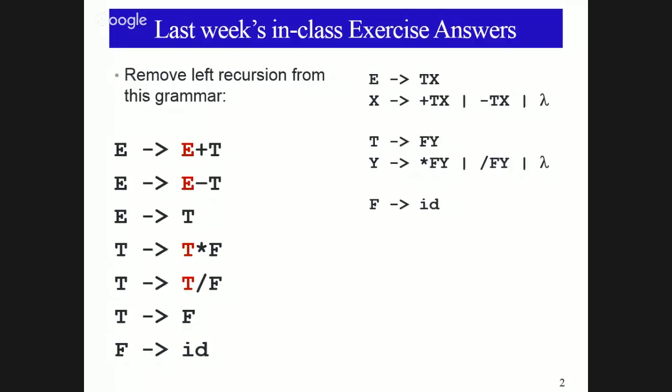Okay, if you just leave it at lambda, it's not quite right, because this one I could still get. It turns out Y is also a unit production at this point. So some of you said, oh no, you asked us to remove all unit productions as well.